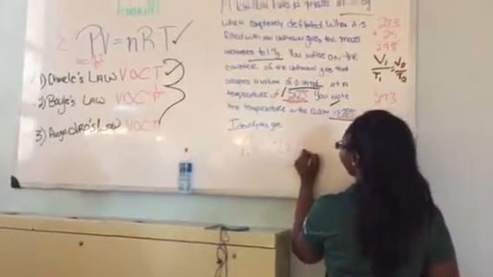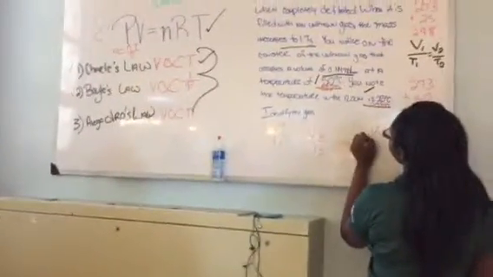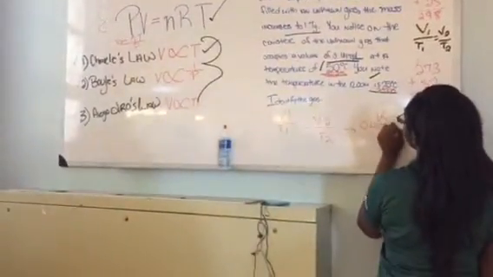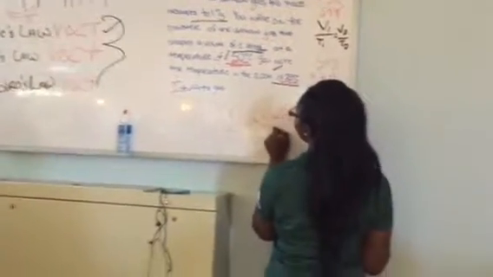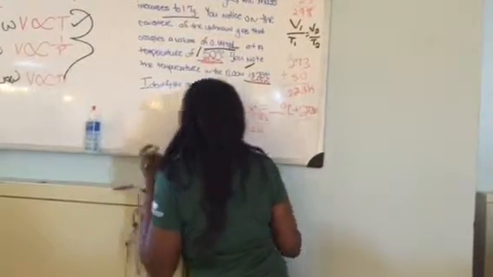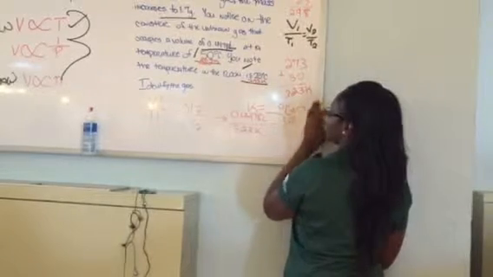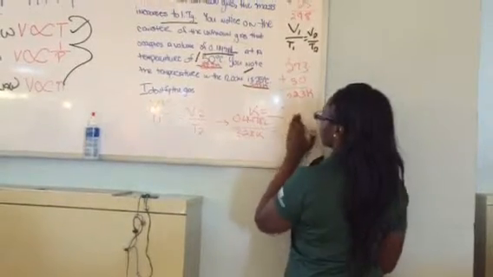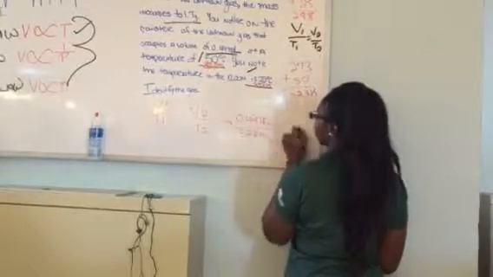Alright, so you take your value, which is 0.4478 liters, divided by your temperature, which is 323 Kelvin. Alright, and you set it equal to your V2. We're going to erase this stuff over here because it's going to get confusing, and I don't want you guys to get confused. I want you to learn something.